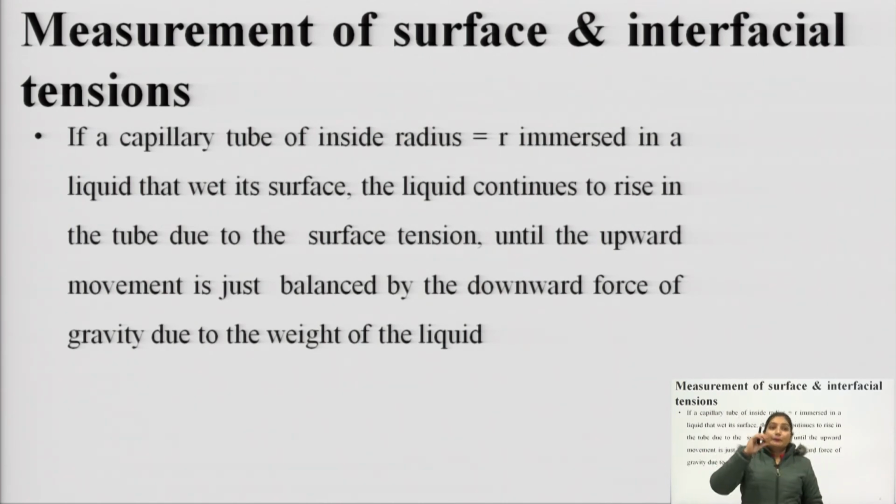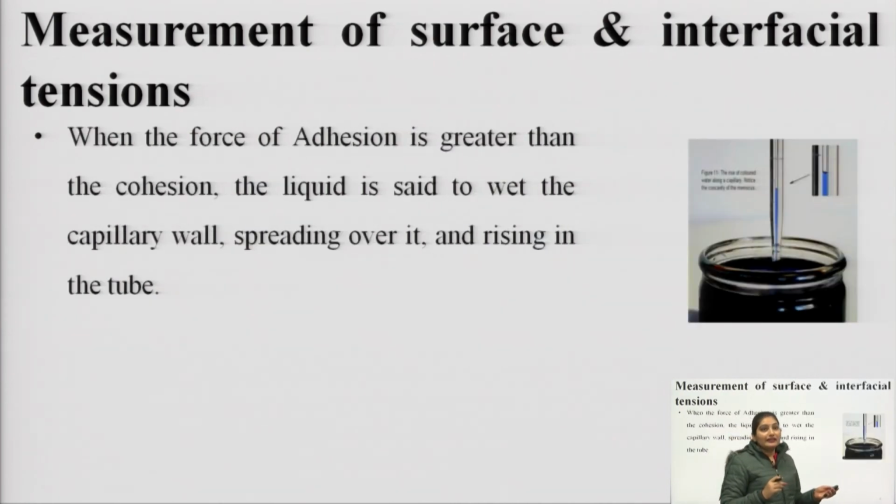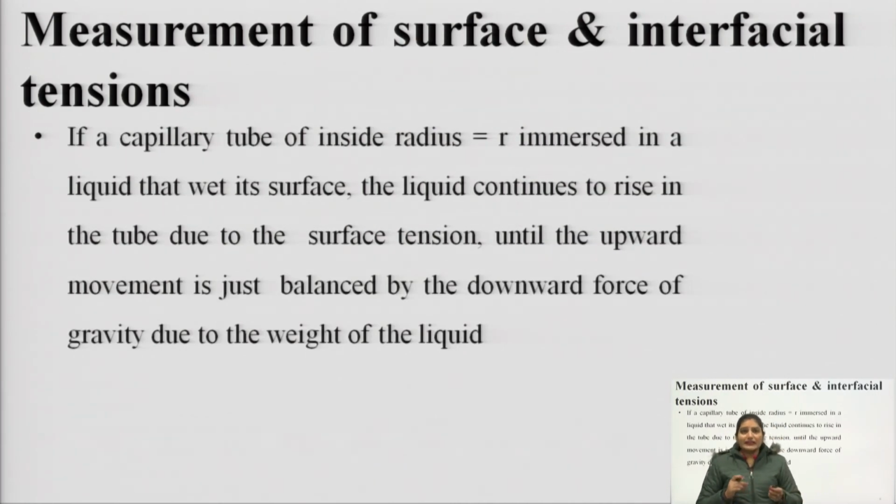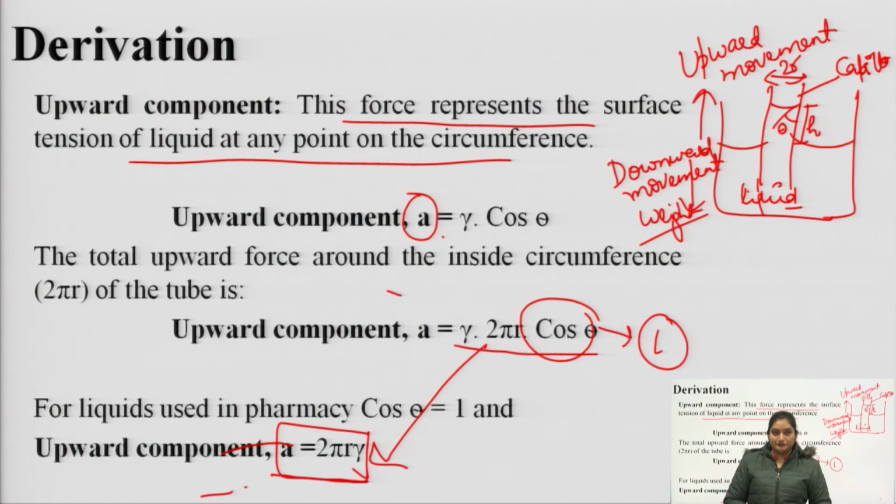If a capillary tube of inside radius r is immersed in the liquid as shown in the diagram, then the liquid continues to rise in the tube due to the surface tension until the upward movement is just balanced by the downward force of gravity, that is due to the weight of the liquid.